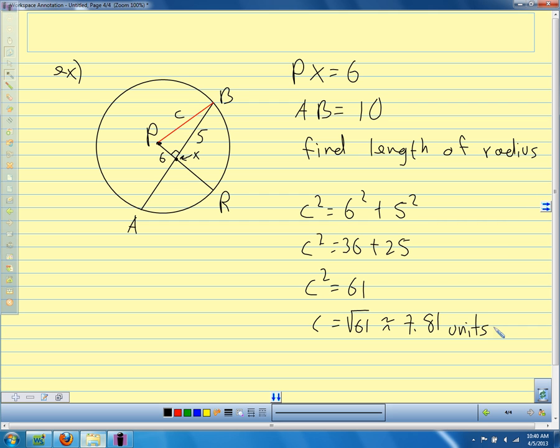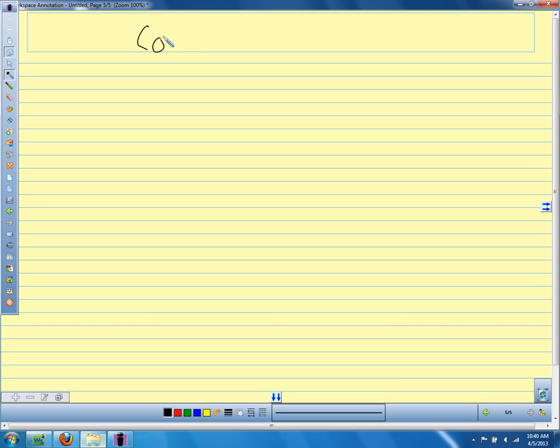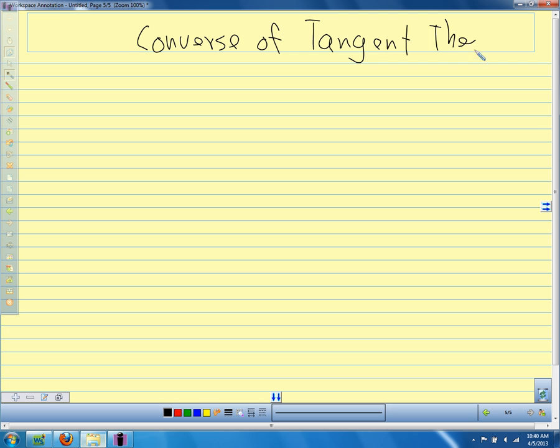Okay, one last thing to talk about. The converse. Converse of the tangent theorem. So let's remember what a converse is.